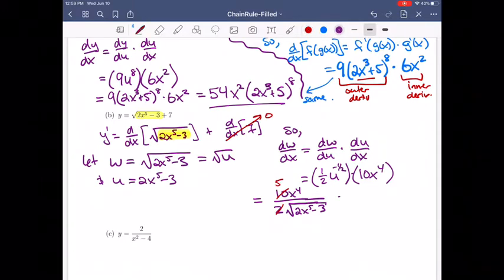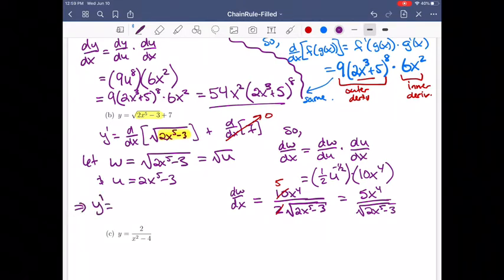So my final derivative, dw/dx, is going to be 5x to the 4 over the square root of 2x to the 5 minus 3, which means that y prime, our dy/dx, is equal to dw/dx because the 7 went away. So that's my derivative.